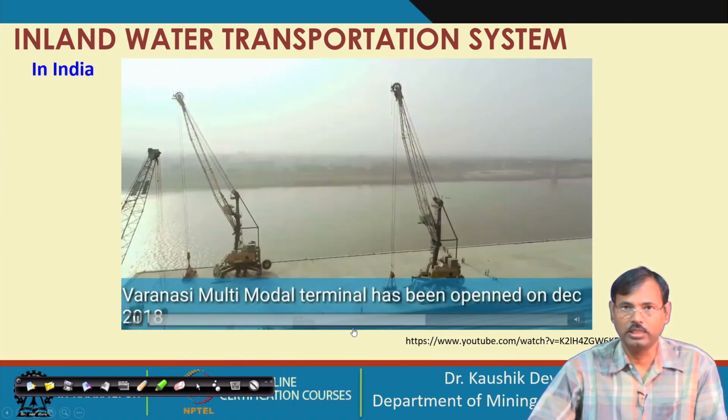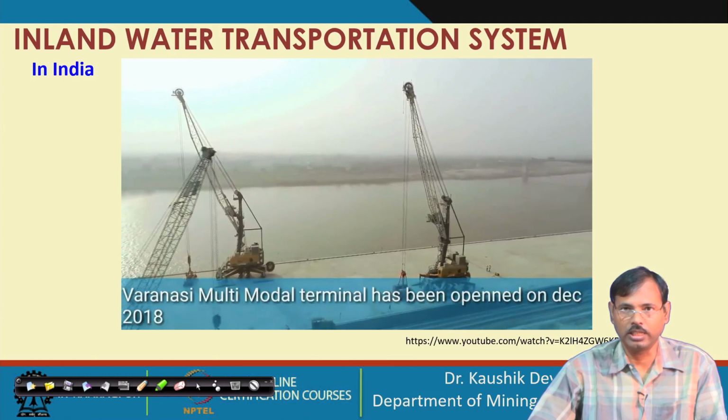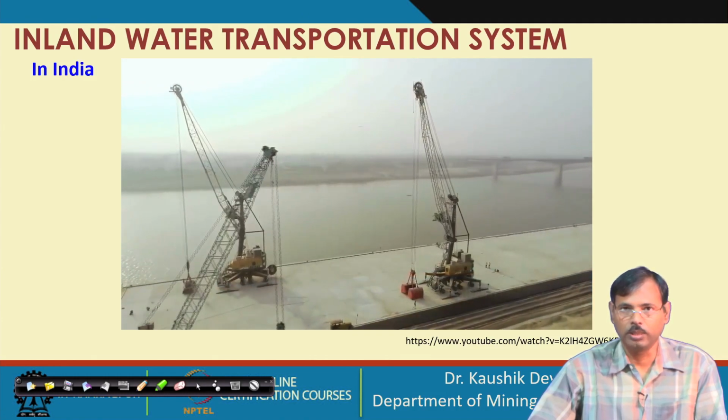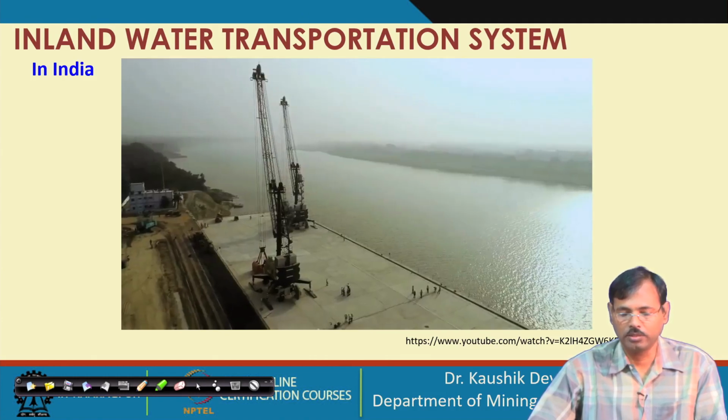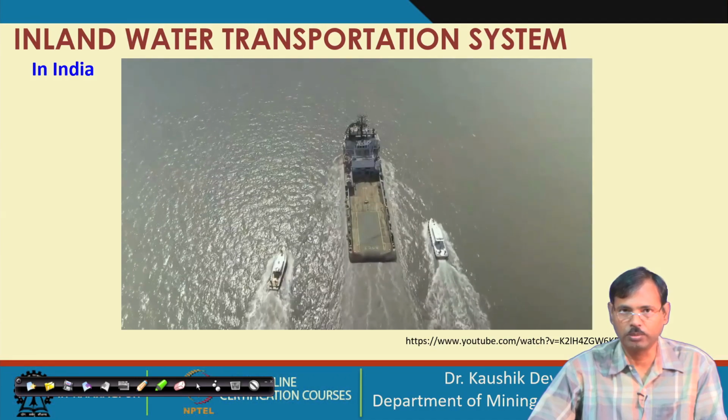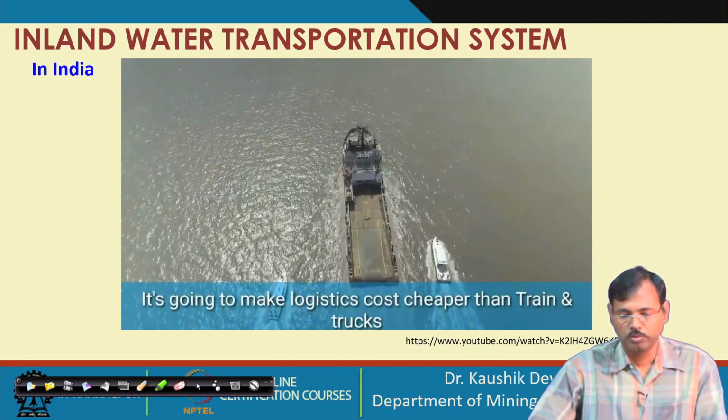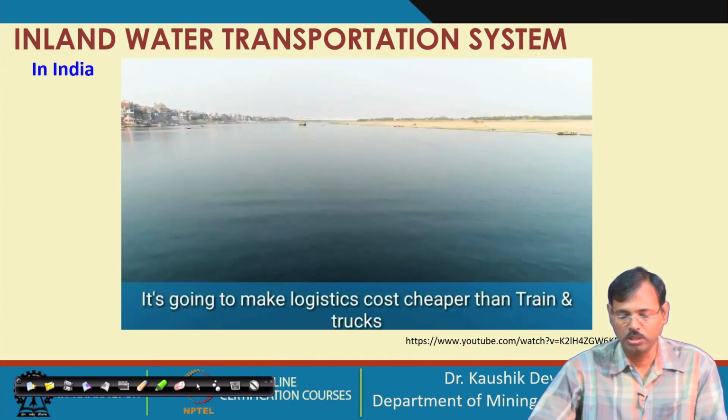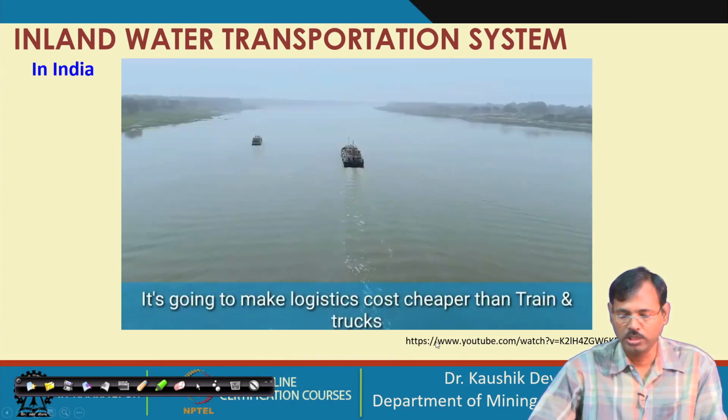In fact, the tide effect initially is an advantage for the ship, but on the upper side of the river Ganga the tidal effect is not that significant. So, sufficient water supply has to be controlled in that particular case.